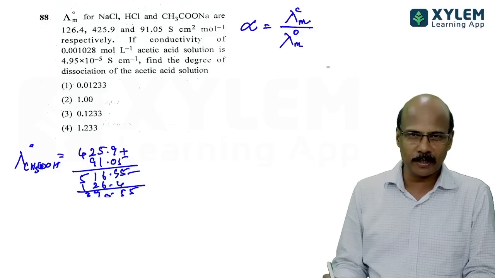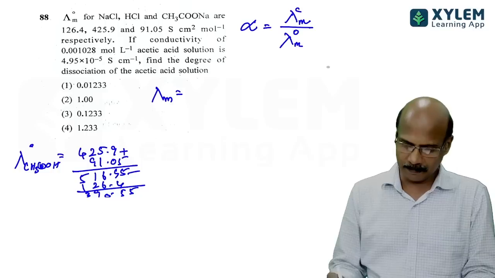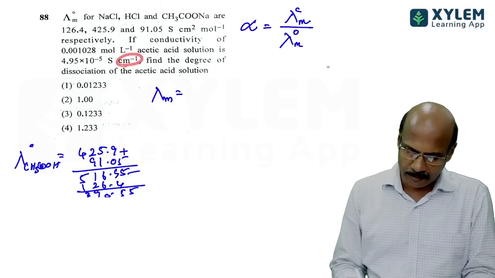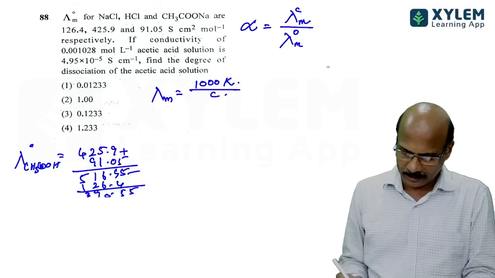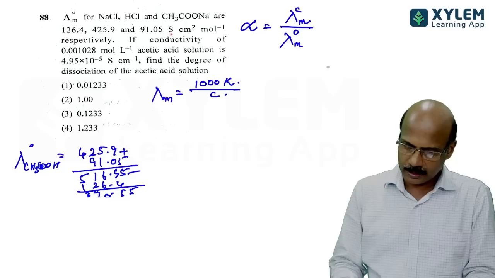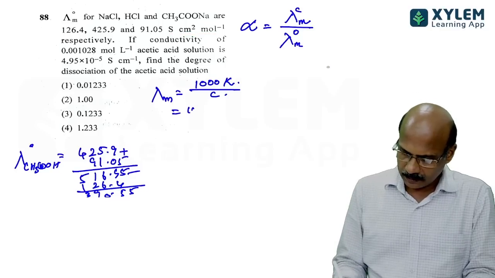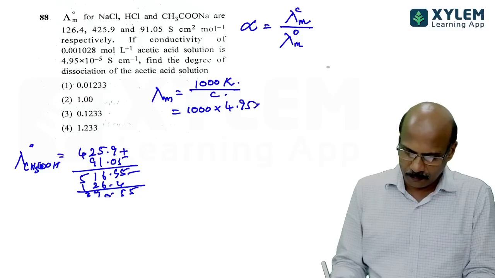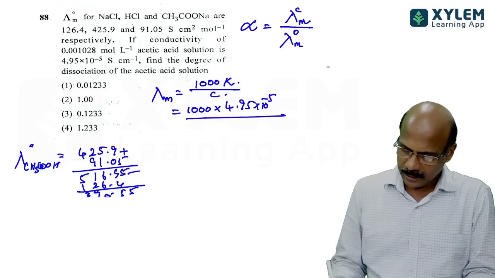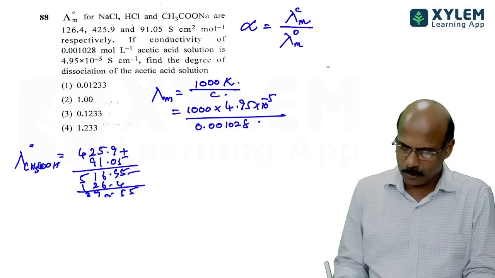Molar conductance at given concentration can be determined based on the formula kappa by C. You know, the unit is given per centimeter, or you can directly use the result 1000 kappa by C, so that you will automatically get the unit in Siemens cm square per mole. So 1000 kappa by C, 1000 into what is conductivity here? 4.95 into 10 to the power of minus 5, and the concentration is 0.001028.